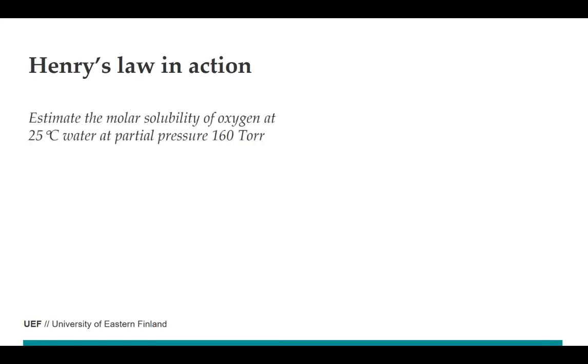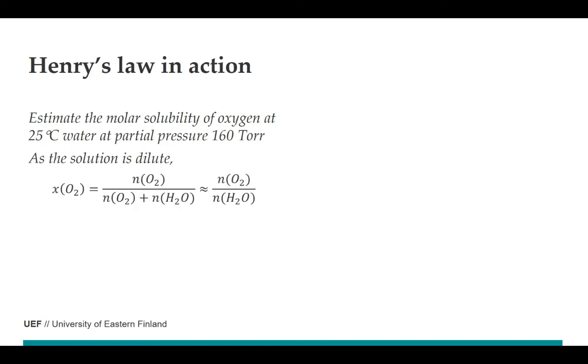Okay, we can estimate the molar solubility of oxygen at 25 degrees Celsius when the partial pressure around the water is 160 torr. It means it's in equilibrium. Because the solution is dilute, we don't have to worry so much that there are more moles of molecules in the solution when we have oxygen there, because there are plenty more water molecules.